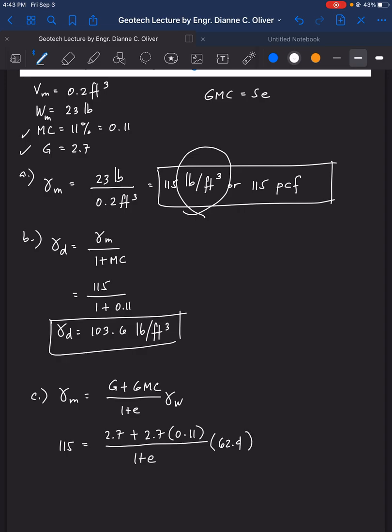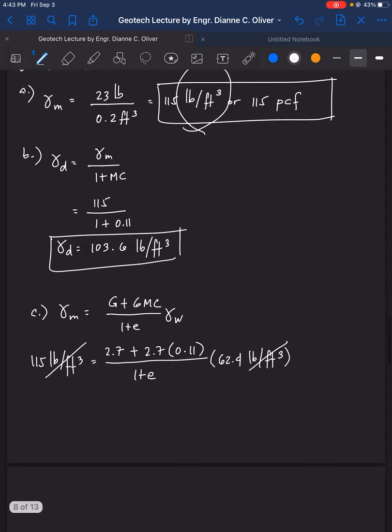So this one is 115 pound per cubic foot.